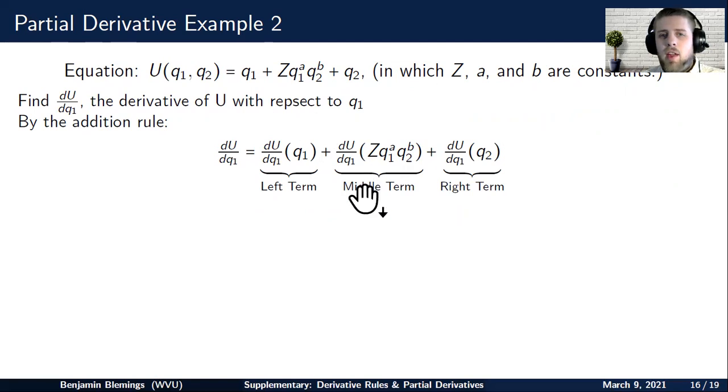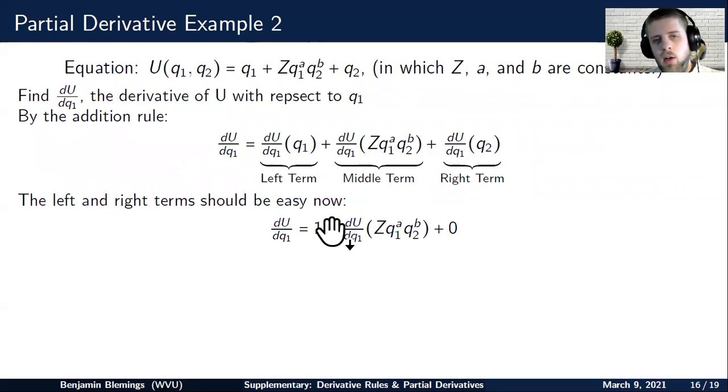The derivative of the left term is 1. It's like x to the first power, and you multiply by 1 and then subtract the power off. So by the power rule, this is 1. And then by the constant rule, because q2 is just a constant, the derivative of q2 is 0.